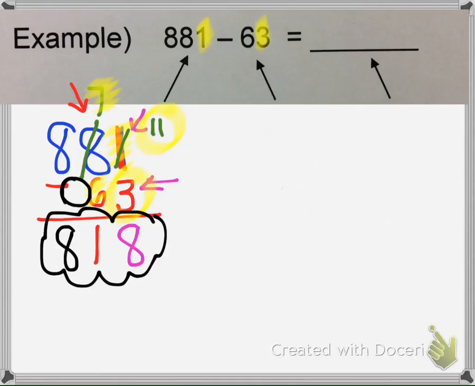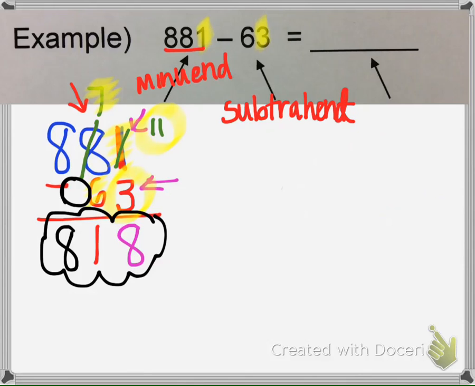When we're subtracting, the first number that you're taking away from is called the minuend. So this number right here is called the minuend. The number you're taking away is called the subtrahend. And the answer you get is called the difference. So the 818 that we got is called the difference.